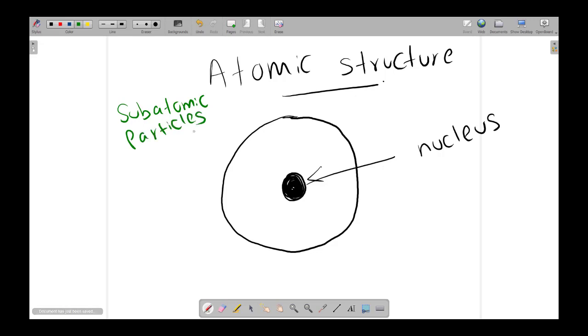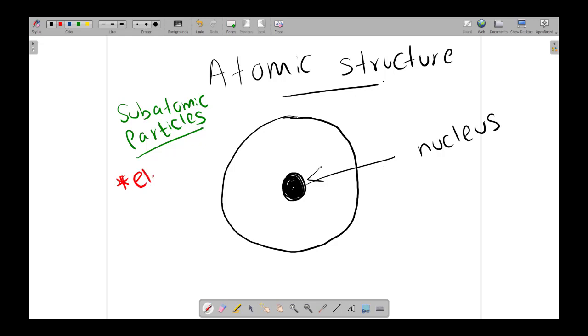Now, if we further divide this atom, we can see subatomic particles. What are the subatomic particles? There are three main subatomic particles, three major subatomic particles.